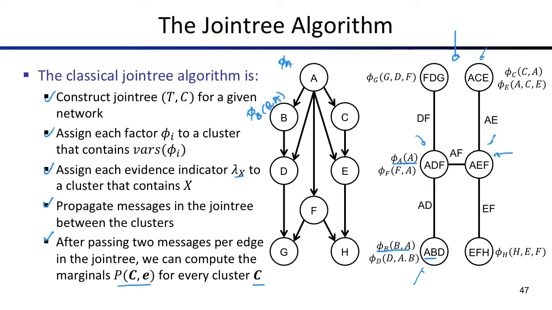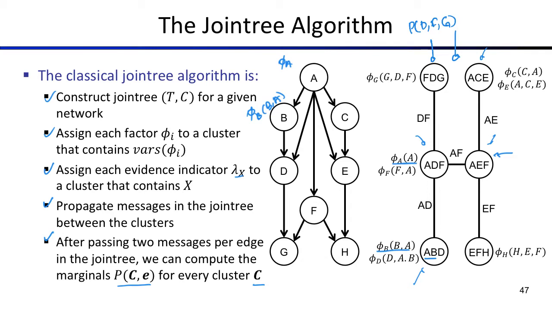The Jointree, and we haven't discussed this before, will be useful to answer multiple marginals, but those marginals must be over the variables in the clusters. So we will be able to answer something related to the probability, for instance, of D, F, and G. It can be D, F, and G, also with some evidence that we set here.